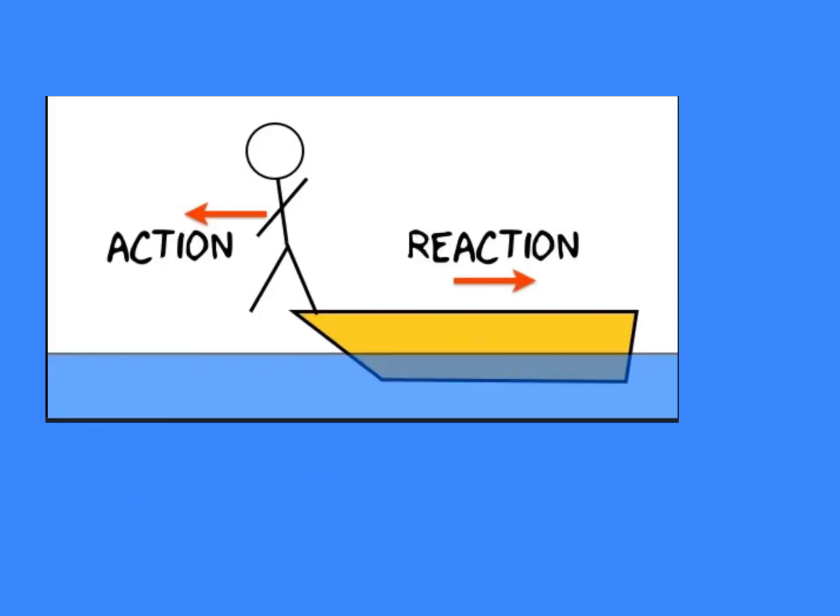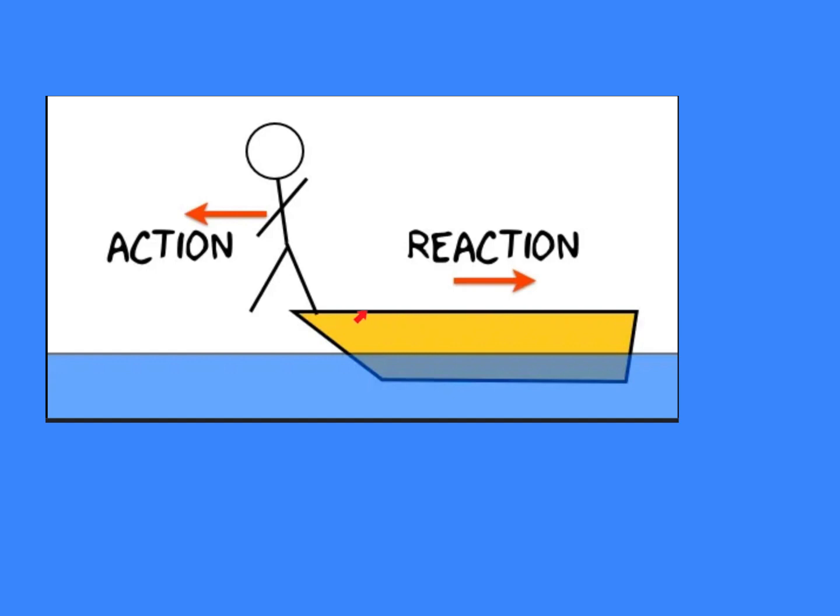Now, let's go visualize the action and the reaction. Okay, this is a boat on a surface that is the water. Let's say that there is no friction here between the water and the boat. So the man, the guy that is here, is making a force on the boat to the right.